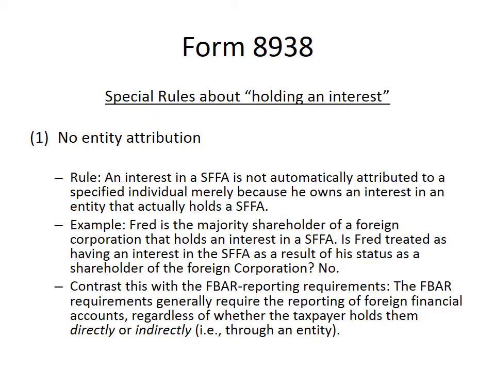An interest in a specified foreign financial asset is not, I repeat, is not automatically attributed to a specified individual merely because he owns an interest in an entity that in turn holds a specified foreign financial asset. So what does that mean? Well, let's set this up.